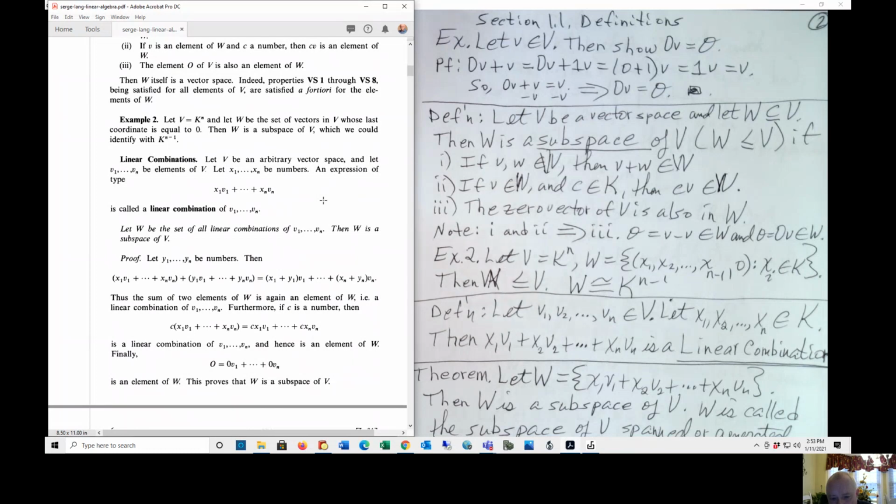And then you take an expression such as x1 v1 plus x2 v2 plus, etc., plus xn v sub n. That's referred to as a linear combination. Now, a linear equation is simply a linear combination of unknown variables, x1 through xn, set equal to a constant number, as we'll see not too long in the future.